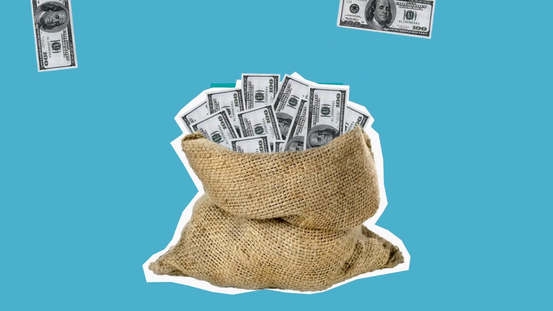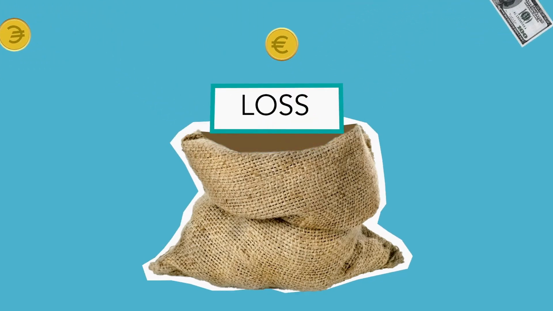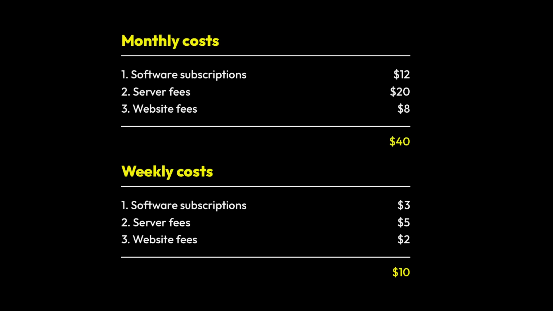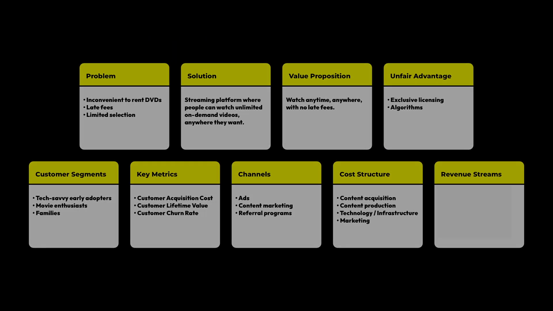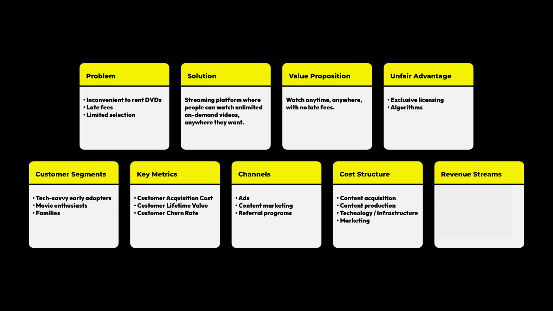It shows you how much it costs you to actually run your business. So understanding what it costs to run your business on a monthly or even weekly basis is an absolute must for building a successful startup. Netflix's costs are content acquisition, content production, technology and infrastructure, and marketing and customer acquisition.